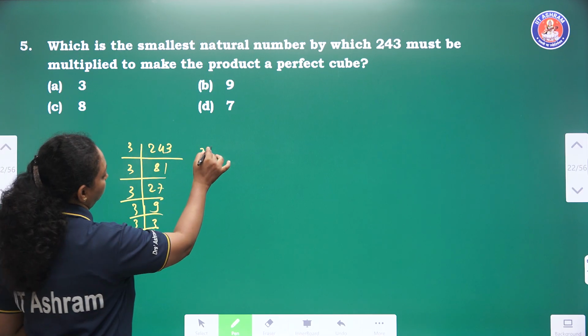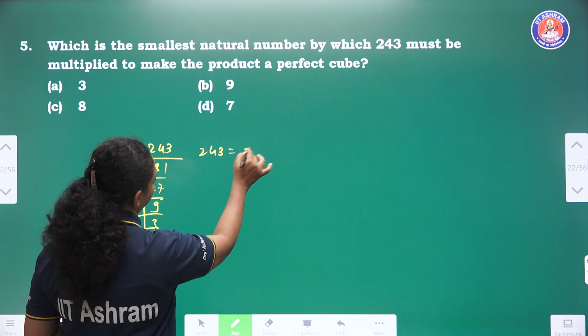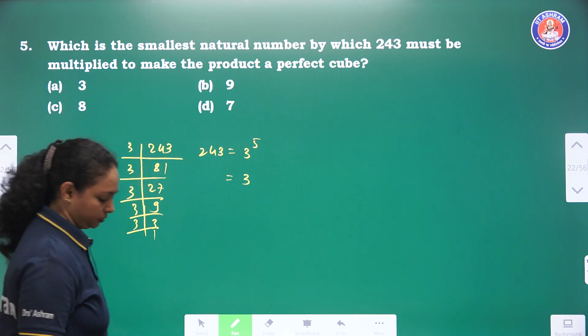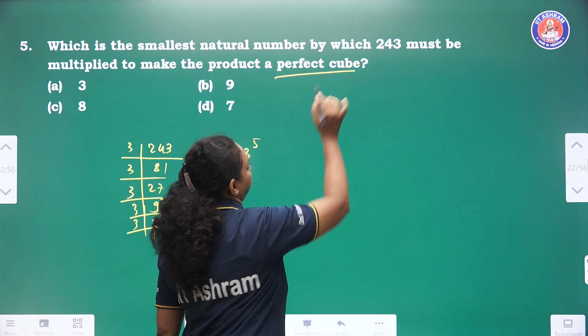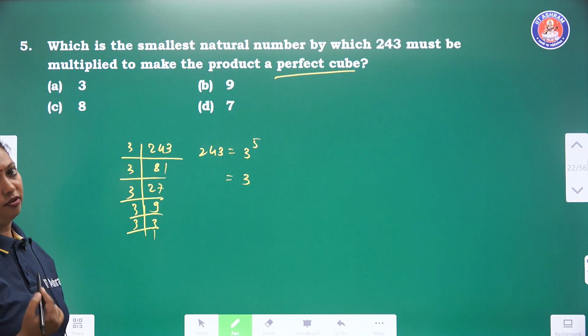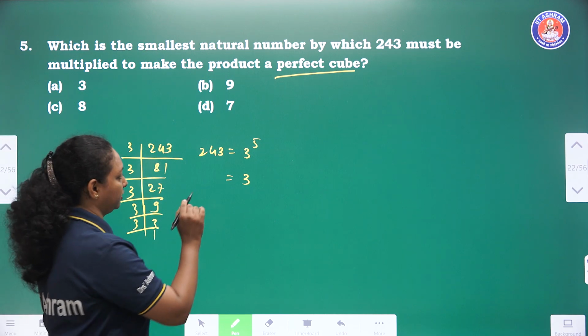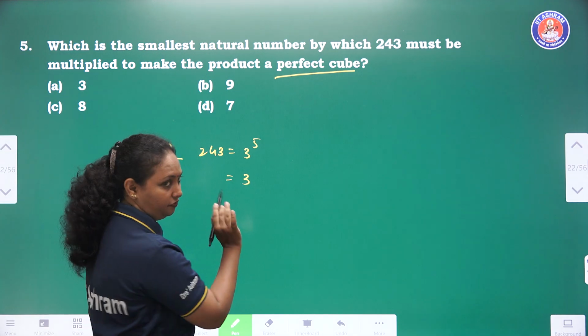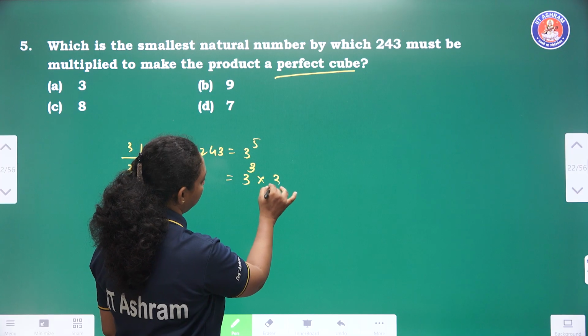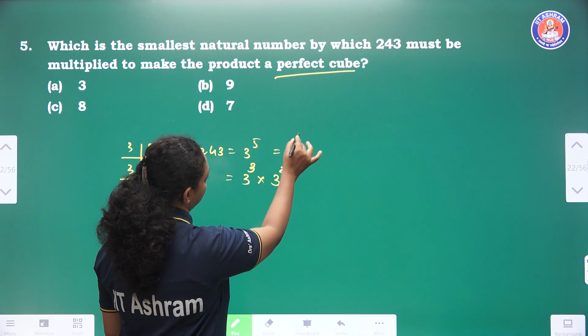So we know that 243 is equal to 3 to the power 5. For a number to be a perfect cube, we know that each factor should be repeated 3 times. But 3 is repeated here 5 times. So we can split it like that, 3 cube into 3 square.